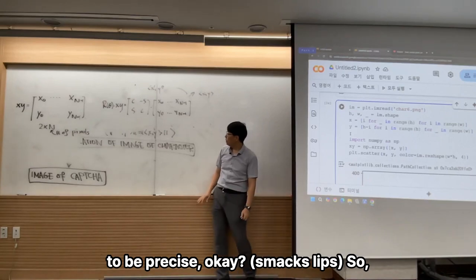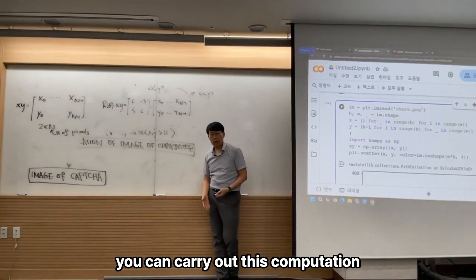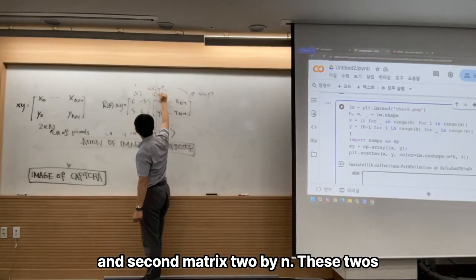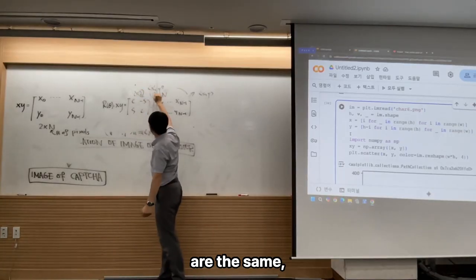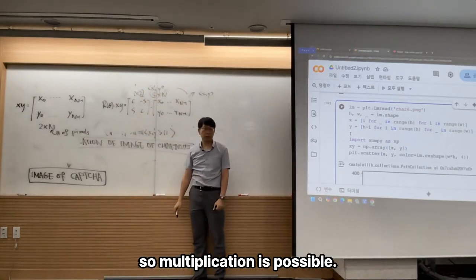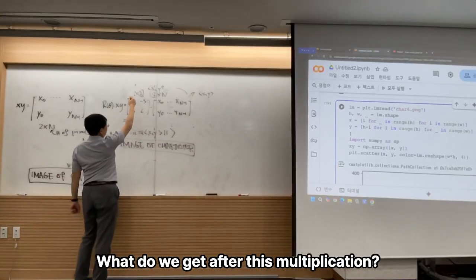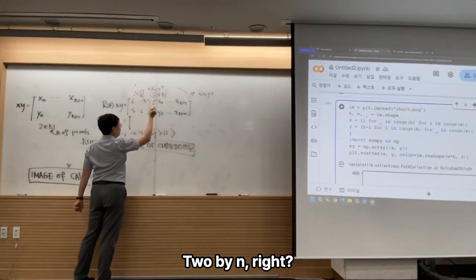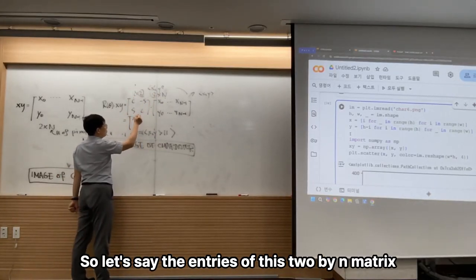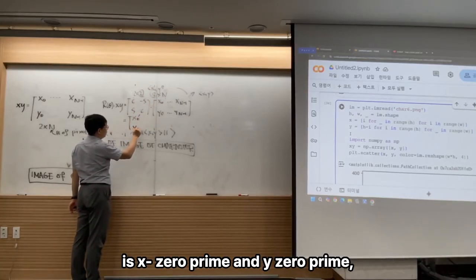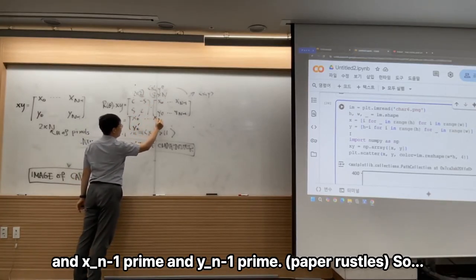You can carry out this computation because the first matrix is 2 by 2 and the second matrix is 2 by n. These twos are the same, so multiplication is possible. What do we get after this multiplication? A 2 by n matrix, right? Let's say the entries of the 2 by n matrix are x0 prime and y0 prime, up to xn minus 1 prime and yn minus 1 prime.